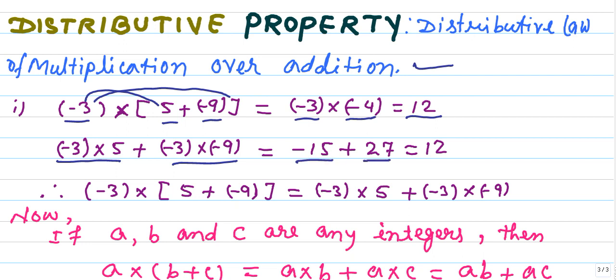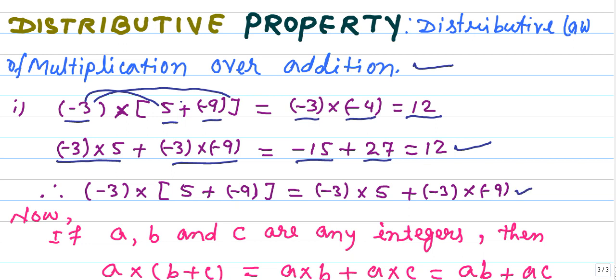Minus 15 plus 27, we get 12. You know by the integers rule that when the positive number has a greater value, we put the plus sign. So we can say that minus 3 into the bracket 5 plus minus 9 equals minus 3 into 5 plus minus 3 into minus 9, right?